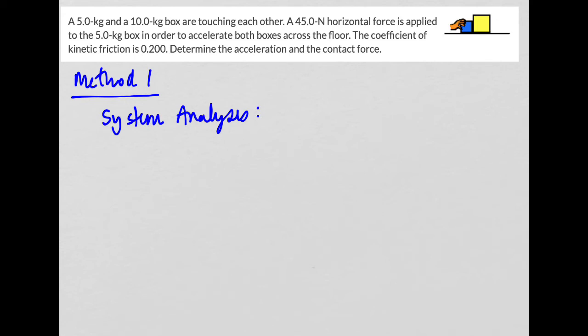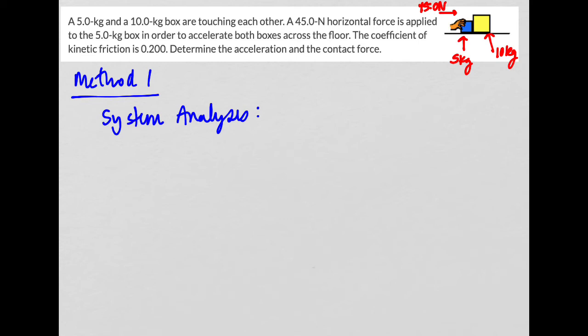We have a 5 kilogram box, and I already have this drawn over here, so I'm just going to say this is the 5 kilogram box. And we have a 10 kilogram box, and they are touching each other. A 45.0 newton horizontal force is applied by the hand to the 5 kilogram box in order to accelerate both boxes across the floor.